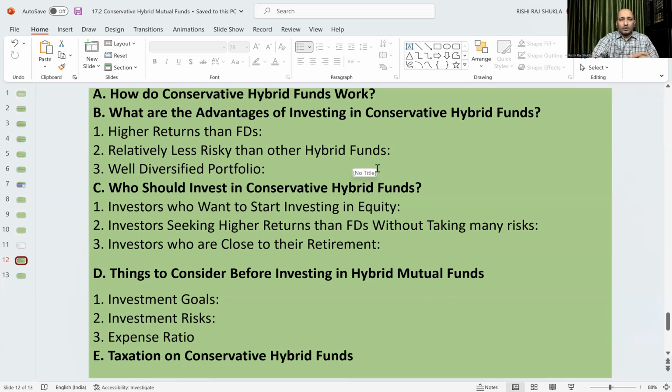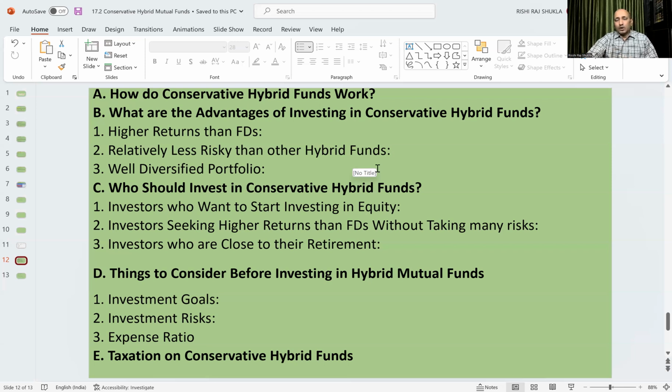So how do conservative hybrid funds work? For working, we have to see how the ratio is aligned. For conservative hybrid fund, there is more component of debt. The debt component will be minimum 75% to maximum 90% of the total portfolio. The balance, minimum 10% to maximum 25%, will be the equity part.